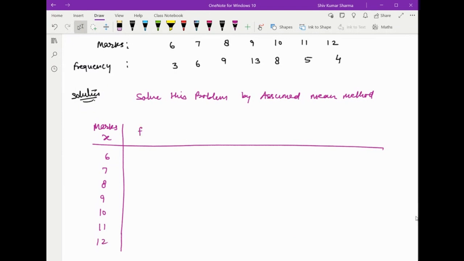Second, we write the frequency: 3, 6, 9, 13, 8, 5 and 4.